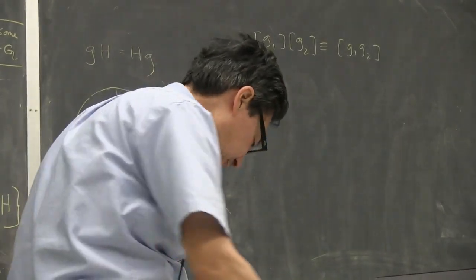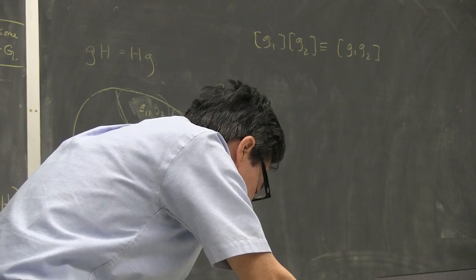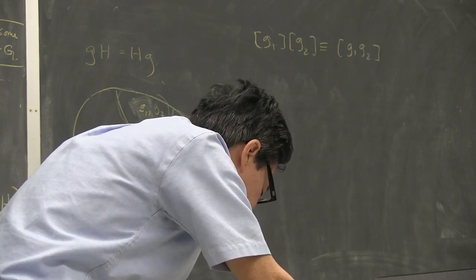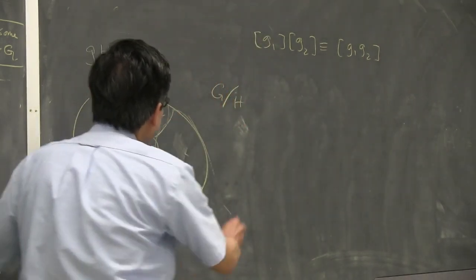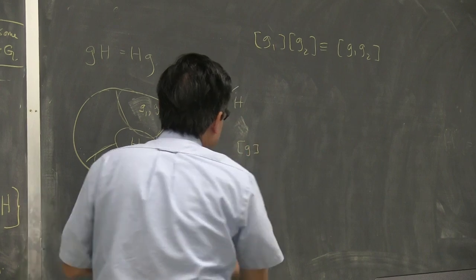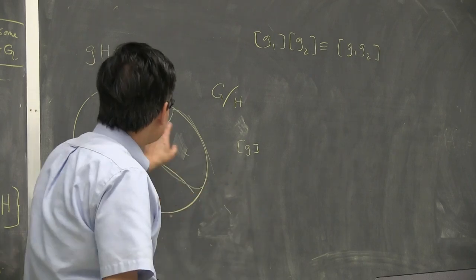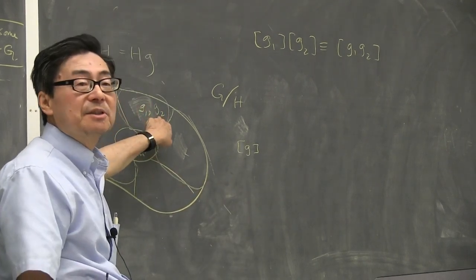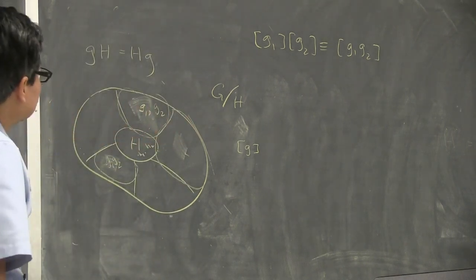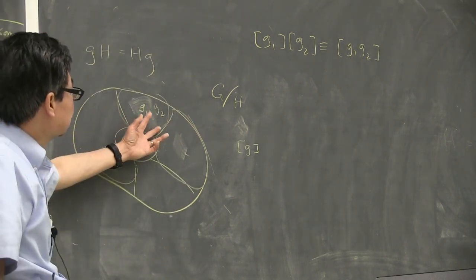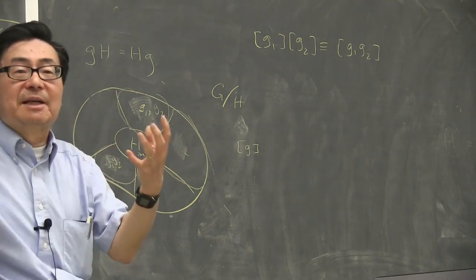So, we have to check that multiplication makes sense by verifying that it is independent of the representative. Okay, so we have characterized a particular coset by this particular group element, but you have the option of characterizing it by some other element that is within the same coset. So if two elements sit within the same coset, then even though they're not equal to each other, the coset that they represent is the same one.